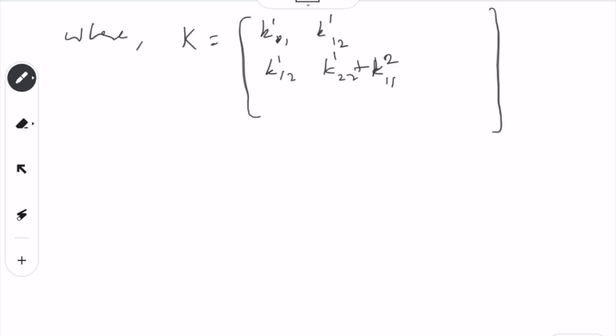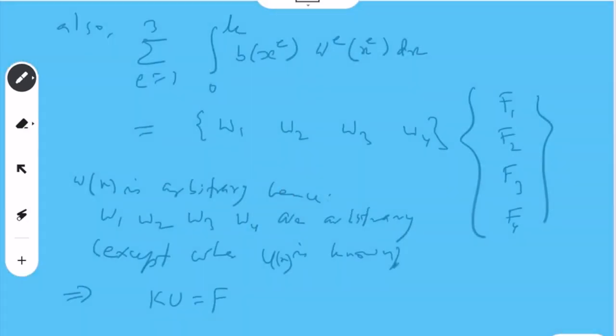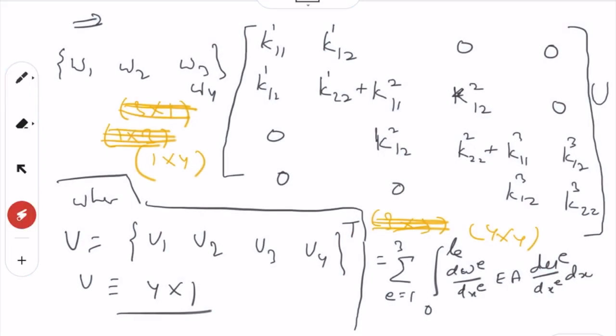It is the 4 by 4 matrix that you see here, this whole thing. We are calling this K, this is u, so u is this one.